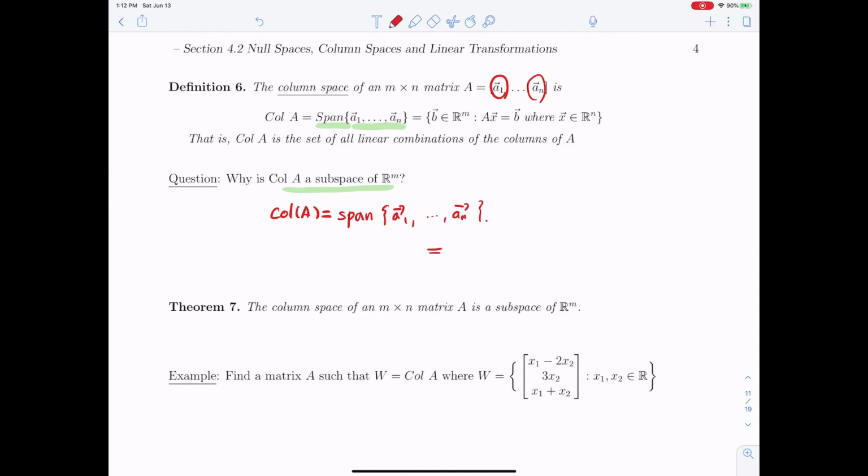And from the previous section, we proved that the span of something is always a subspace of the original space. Note that the exponent for R corresponds to the number of rows of the given matrix A, because the column vector has m entries.